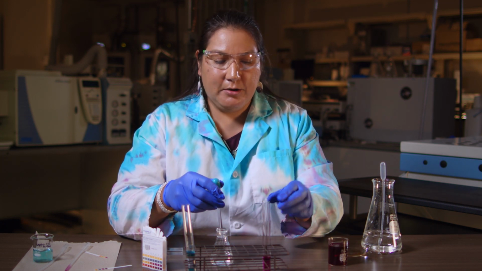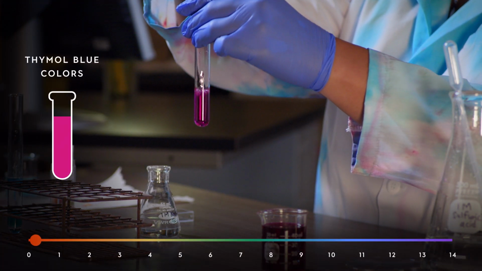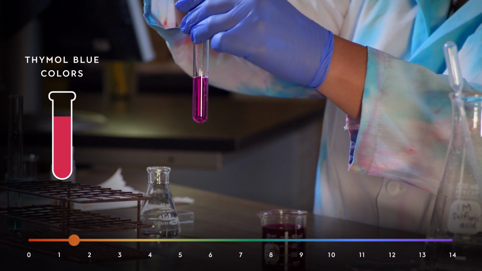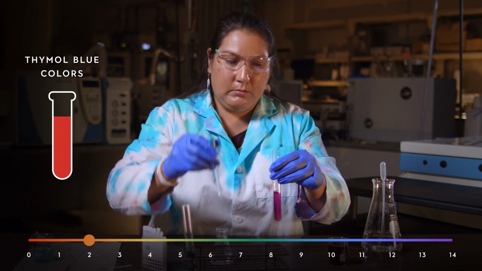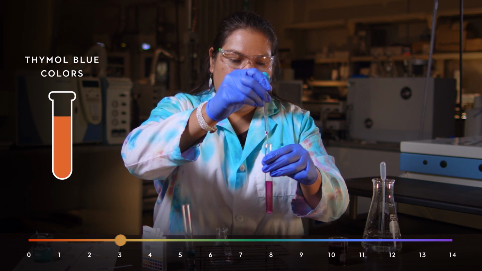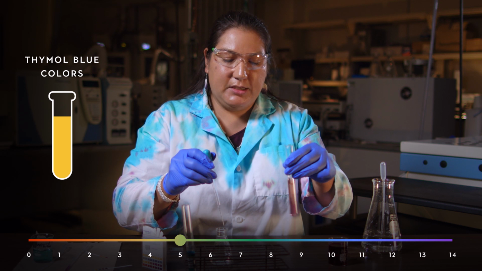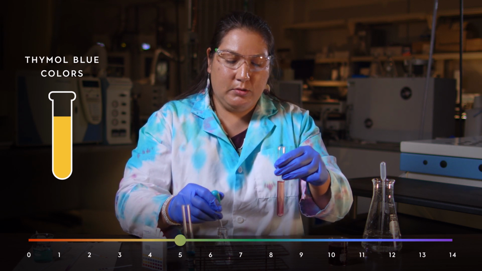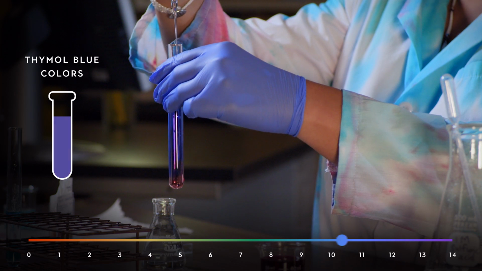Again, the indicator allows us to see a visual reaction that's happening. As we add more base, you can see it's starting to turn blue. Once it's turned blue, we know that the solution is now basic.